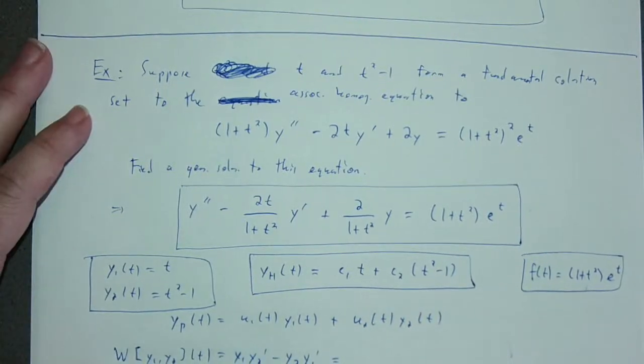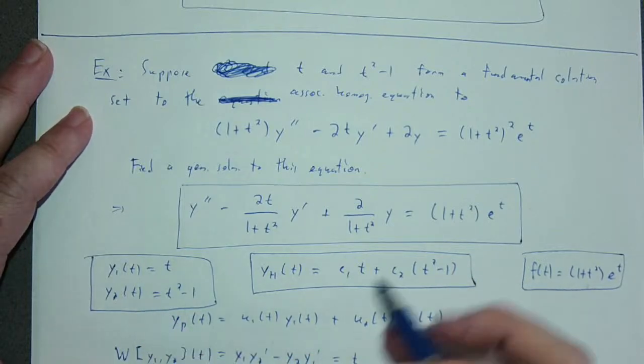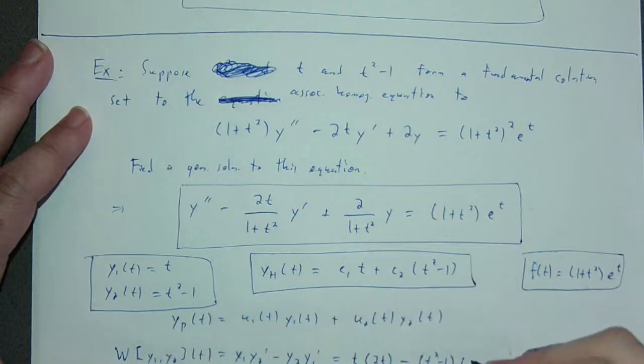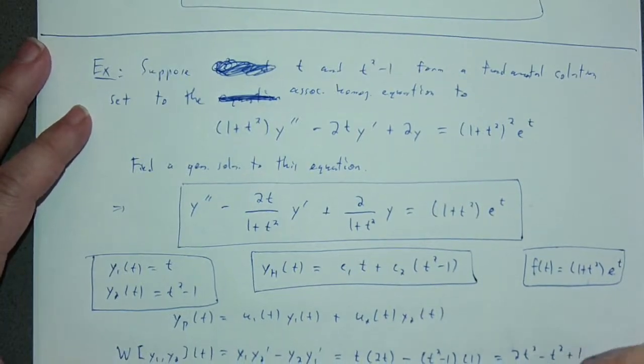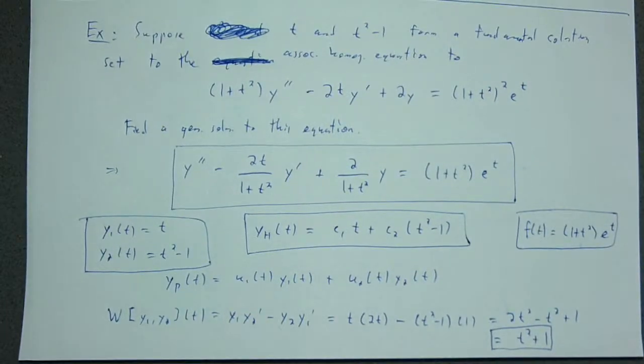This is y1, which is t, times y2 prime, which is 2t, minus y2, which is t squared minus 1, times y1 prime, which is 1. So this is 2t squared minus t squared plus 1, which is t squared plus 1.